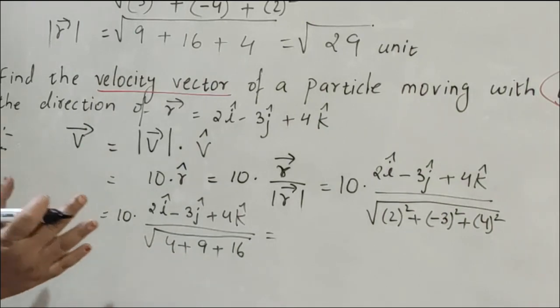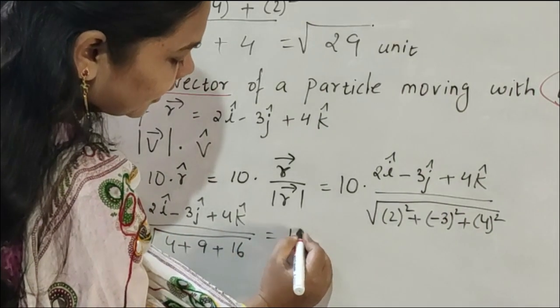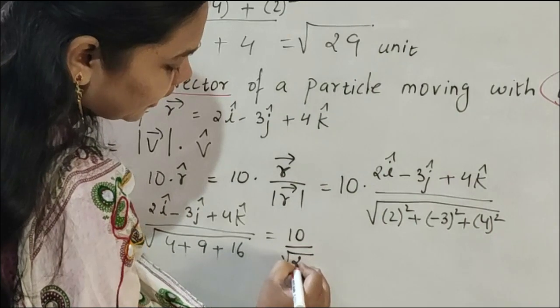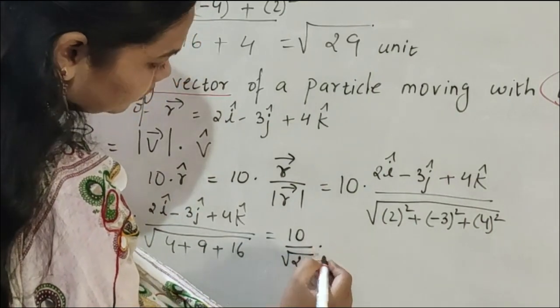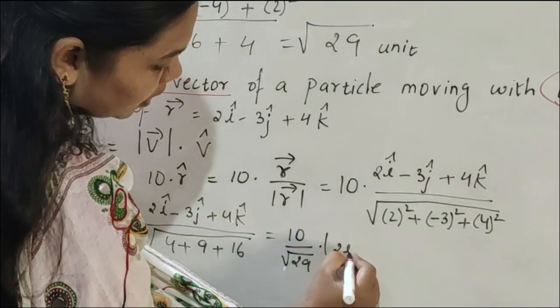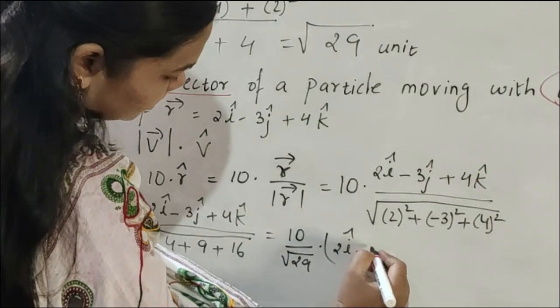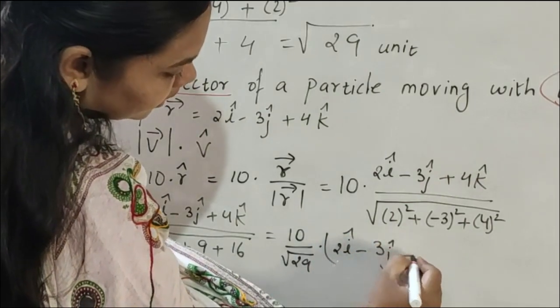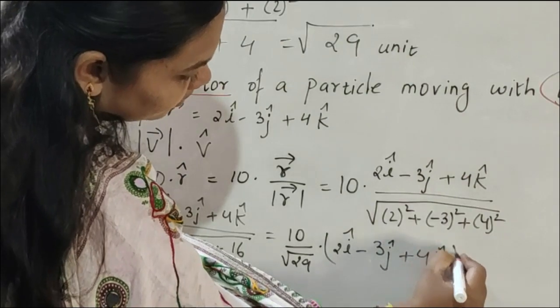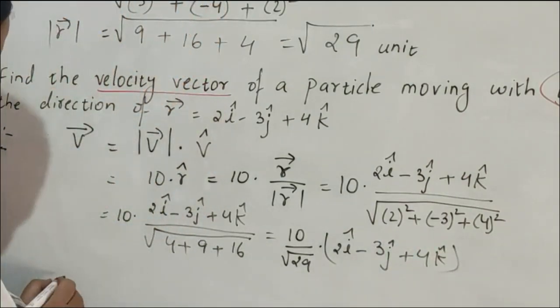So root 29 we can take this side. 10 by root 29 into 2i cap minus 3j cap plus 4k cap. Okay children, so what did we get?